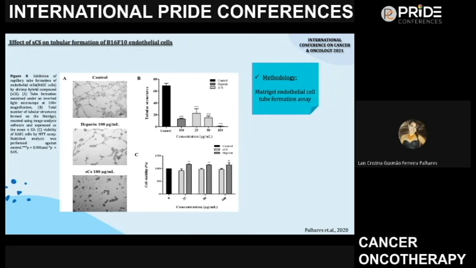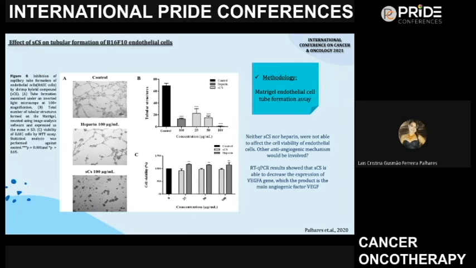And even though we performed the gene expression PCR using melanoma cells and saw a decrease in VEGF levels, we could extrapolate here and say that maybe this compound is modulating the expression of genes important for this process.